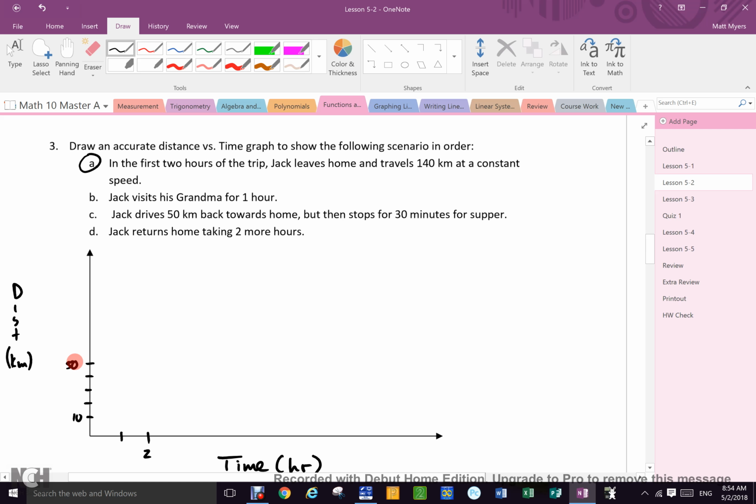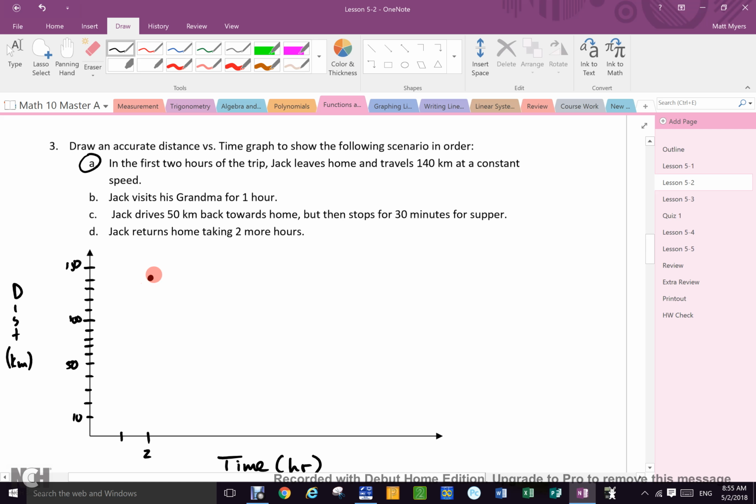All right. So the first 2 hours, Jack leaves home and travels 140 kilometers at a constant rate. Okay? So what does that mean? He's going out 2 hours, and how far up does he have to go? 150, so up to 150 and 2 hours.